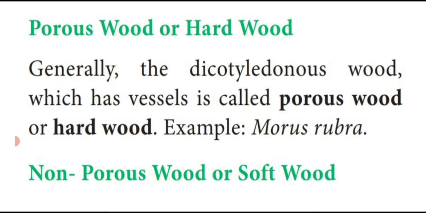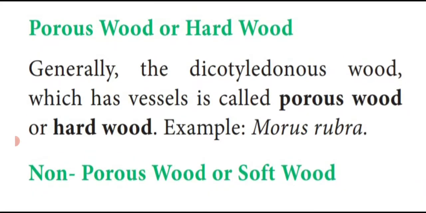Lack means absence of vessels. So wood lacking vessels means non-porous wood. Wood with vessels means porous wood or hardwood. Example, Morus rubra. Dear students, differentiating between porous wood and non-porous wood is very important.